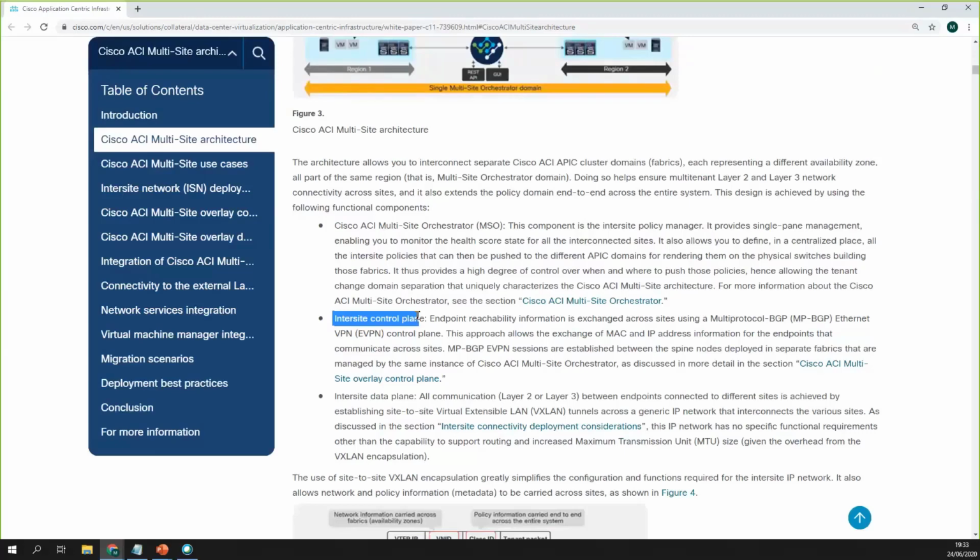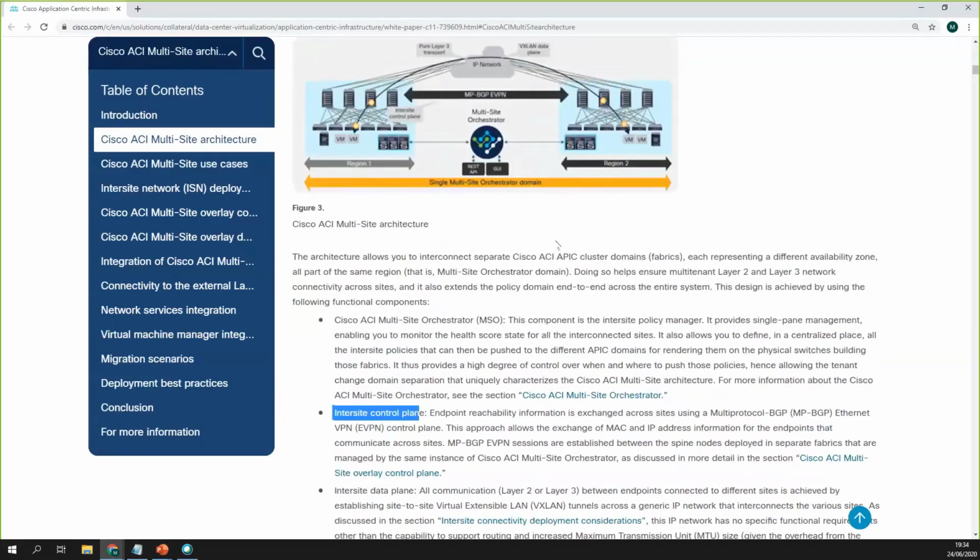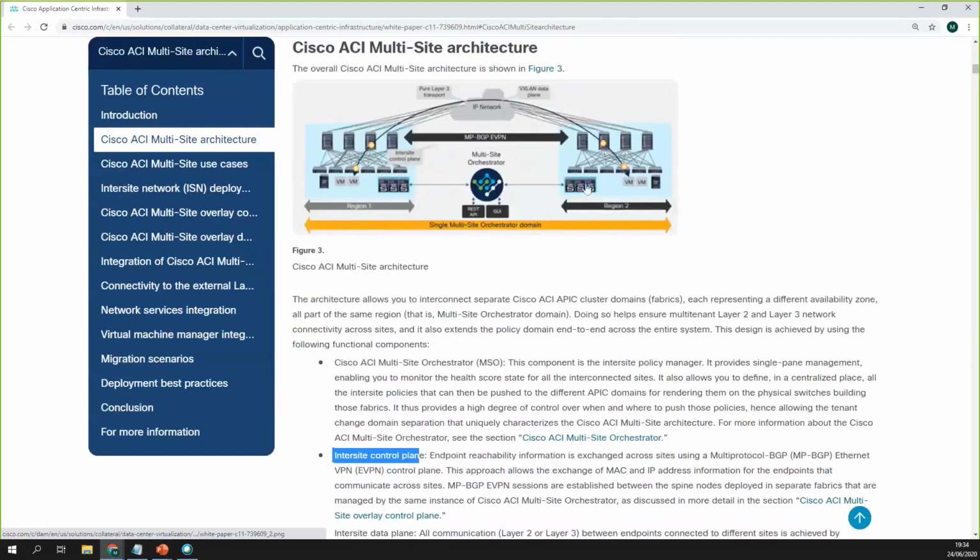So the inter-site control plane. What is a control plane? The control plane, if you don't know, is basically the routing and the network state. So if you look at this diagram here, we have like a VM here.